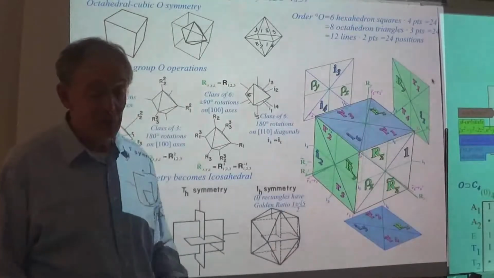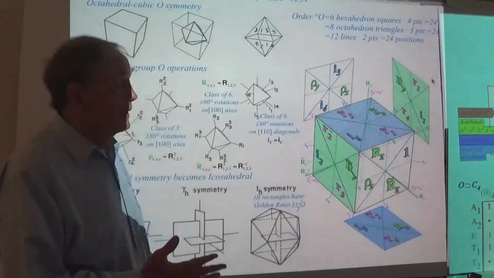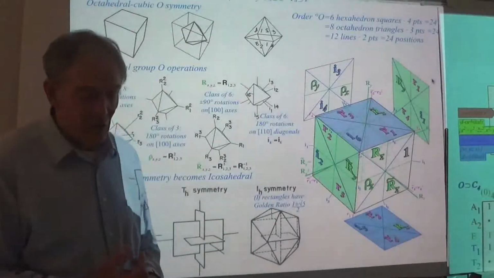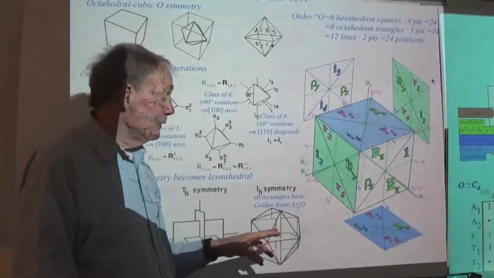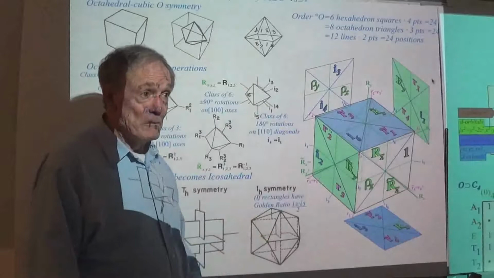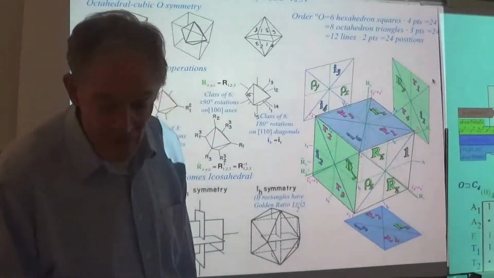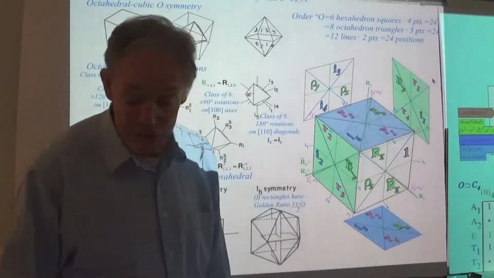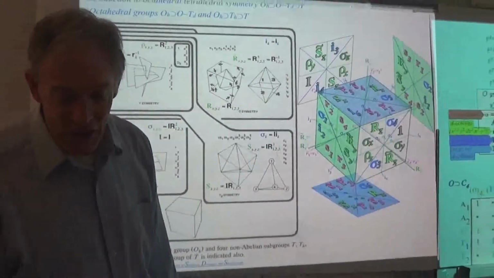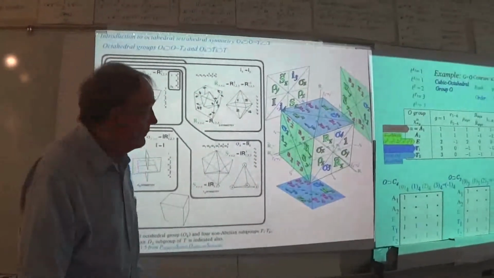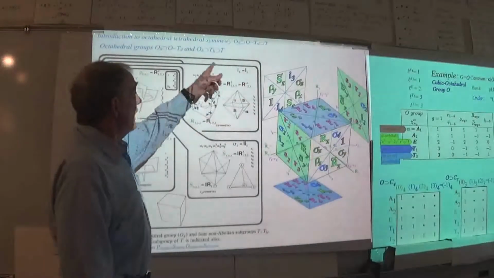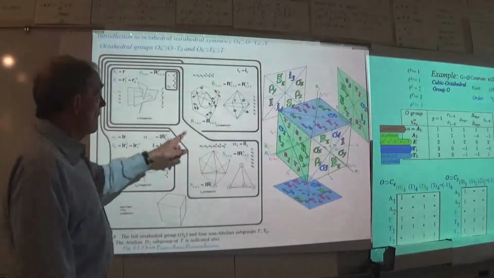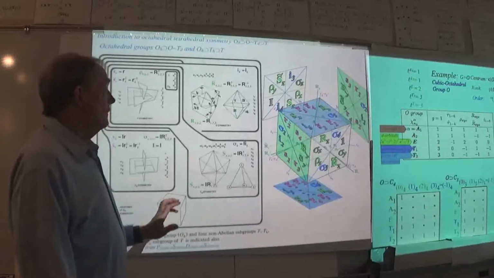So the jump from D3 to O, which we're making today, is probably a lot smaller than the jump from octahedral O to this fellow. And more about that later. Watch this space.